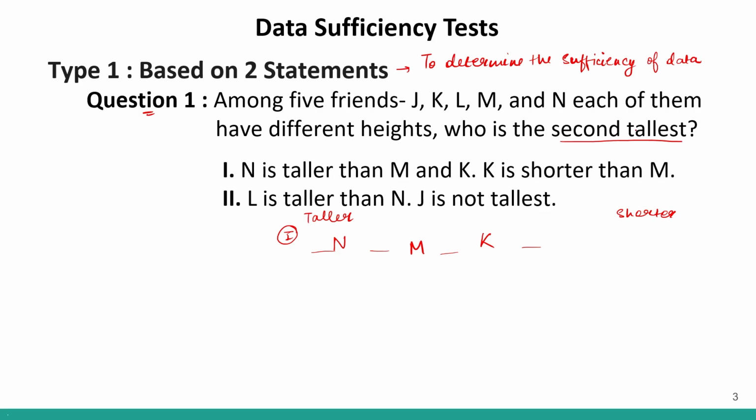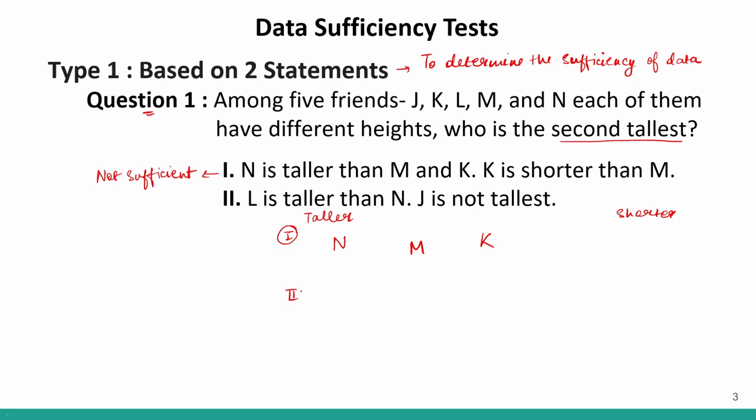To find the second tallest person, I need some more information. Therefore, statement 1 is not sufficient.